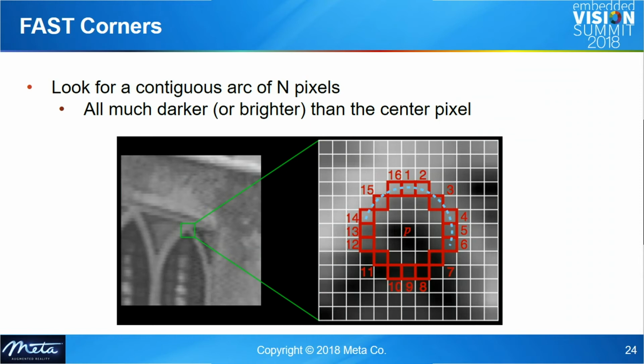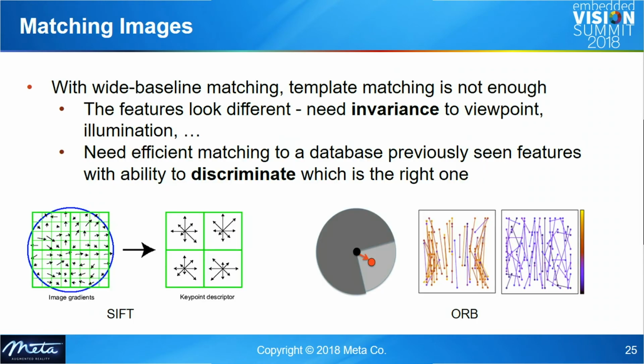But in the literature, you can find a bunch of different methods for finding corners or key points. Next, we want to be able to match them between the different camera views. And here, SIFT is a well-performing classical algorithm for key point matching.